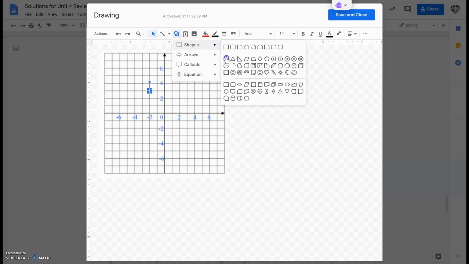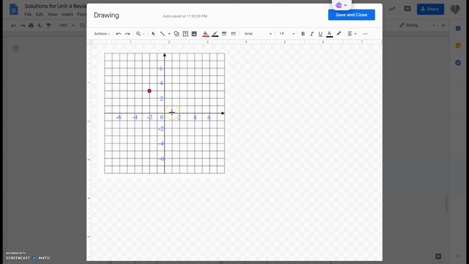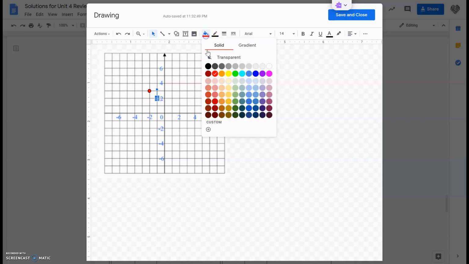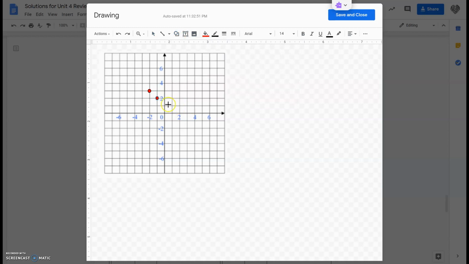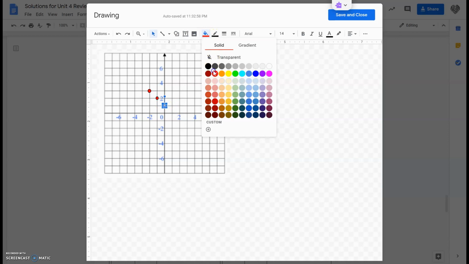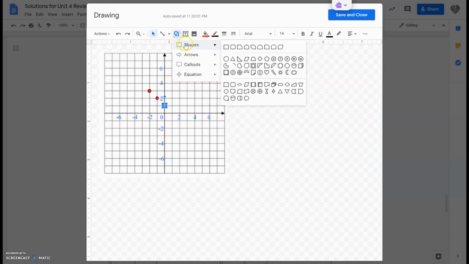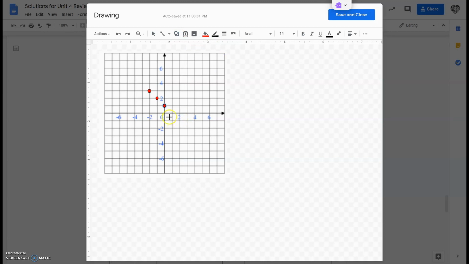Then -1, and the y value was 2. 0, and the y value was 1. 1, and the y value was 0. And finally 2, and the y value was -1.